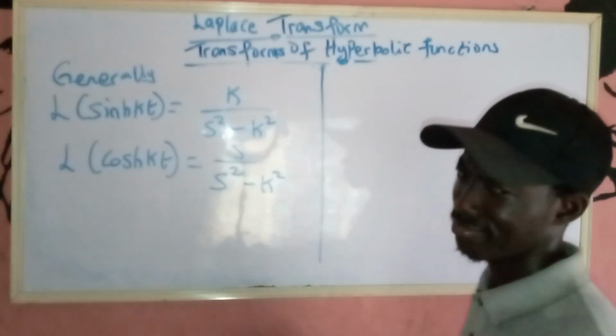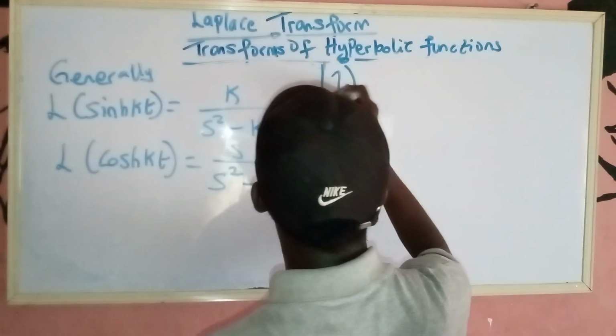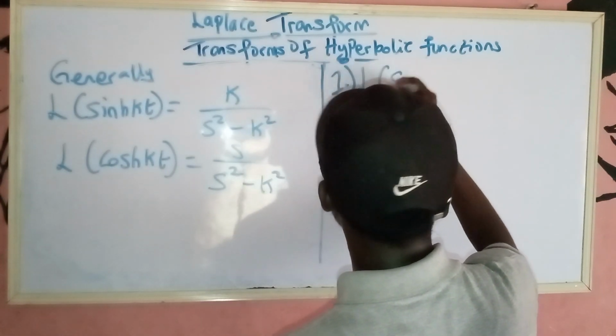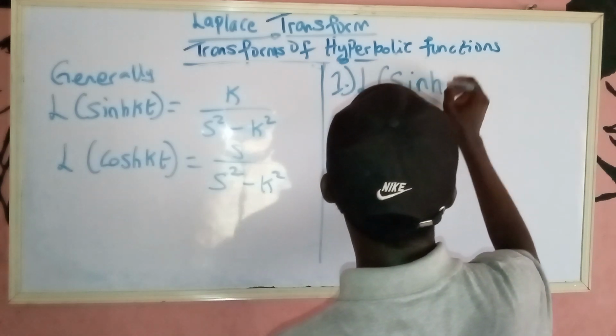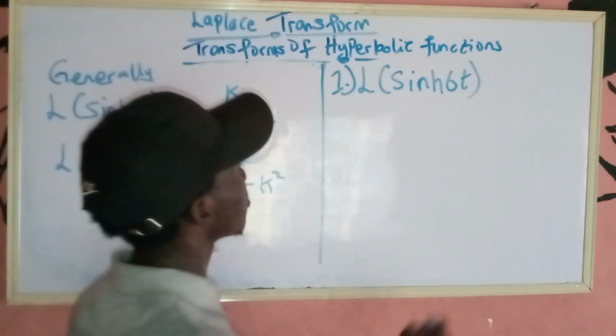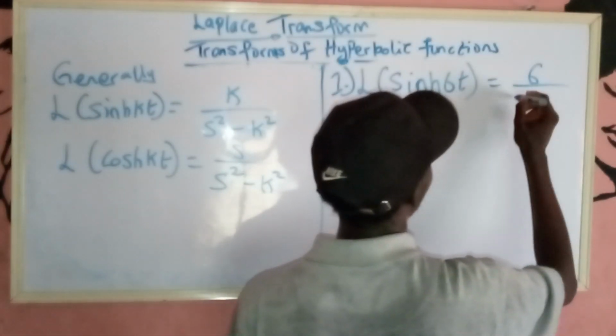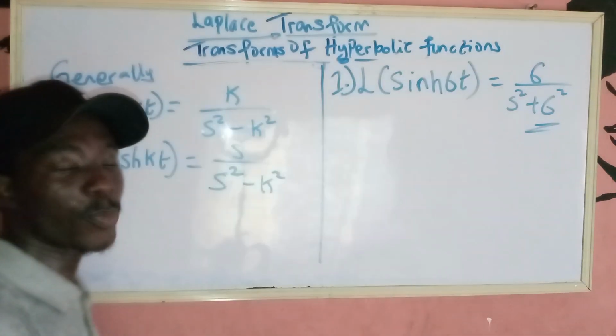So on this, you can want to play with certain things like the Laplace of sin 6t. Now this k is a constant, so that's why I have sin 6t. 6 is a number here, so my answer will be 6 over s squared plus 6 squared. Simple as that.